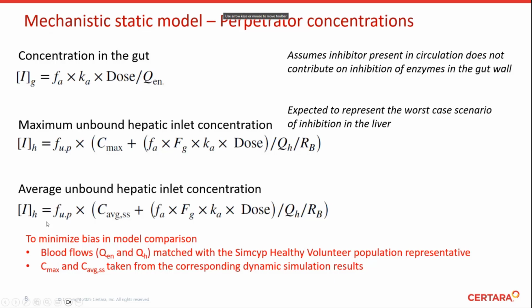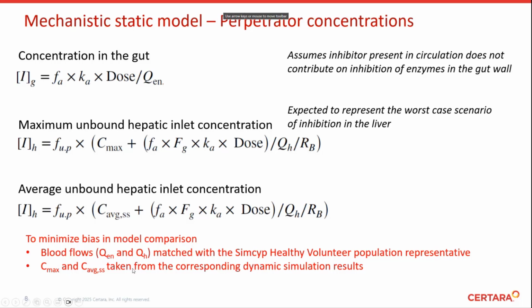In order to minimize any bias in the model comparisons, the blood flows both to the gut wall and liver were matched with the Simcyp healthy volunteer population representative. They are slightly different than the values suggested in the regulatory guidance, but this was just to minimize the bias in the comparisons.